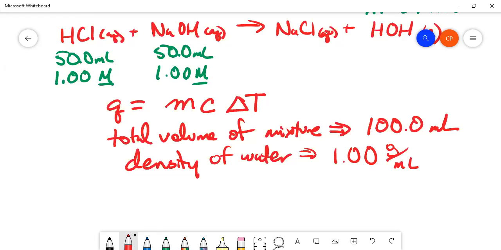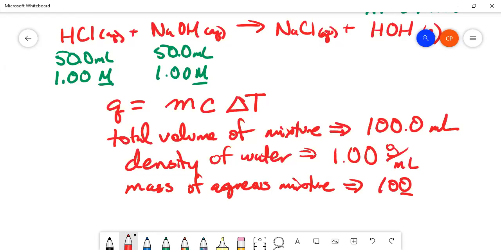So it is entirely appropriate, if you have not just 100 milliliters of water but 100 milliliters of any aqueous solution, to approximate the mass of that aqueous mixture as 100 grams, 3 significant figures of accuracy.